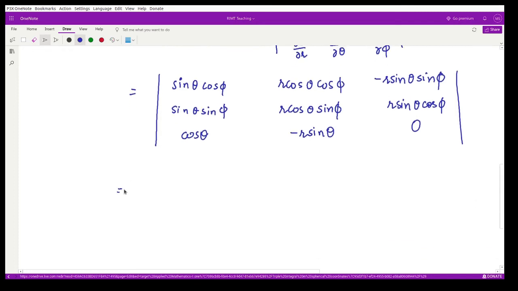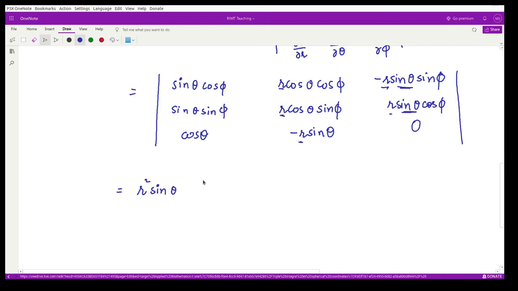This determinant would be equal to, when you simplify this, you can take r square sine theta common, right? How? If you see, you can take r common from this column and r common from this column, so you have r square, and you can also take the sine theta common from here, so you have sine theta.